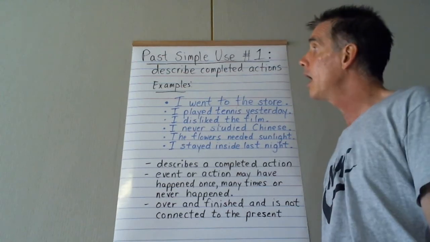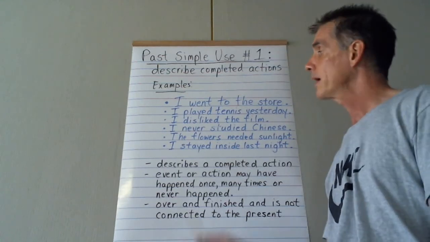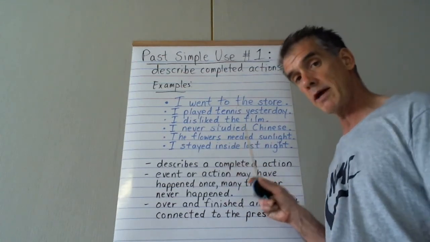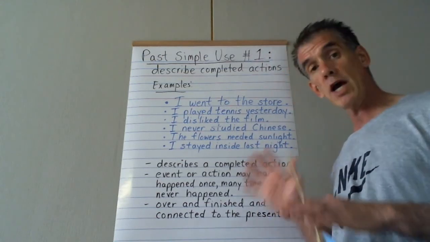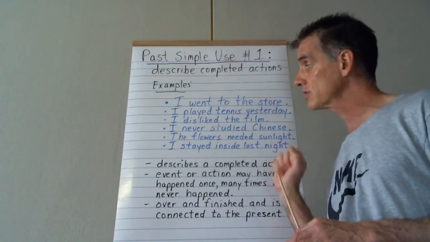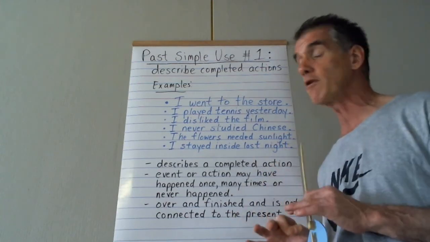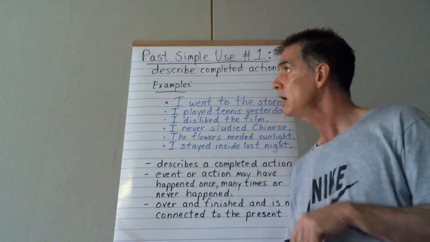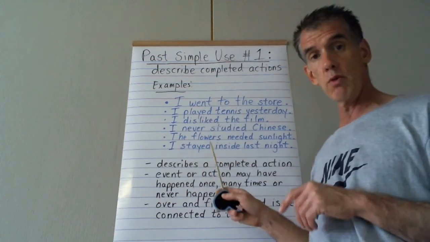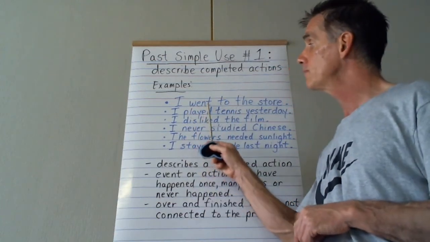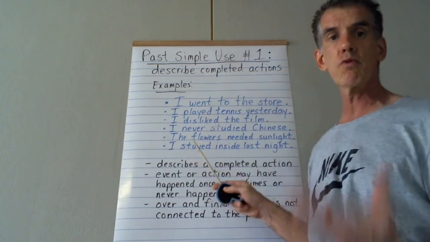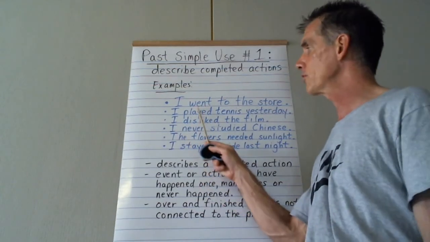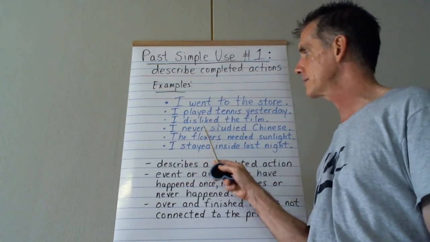Okay? So this is a very quick lesson. And please go over the examples, watch the video again, and if you have time, watch it again. Get used to the sentences. It's a fairly straightforward tense. The past simple, use number one in the past simple. Just remember the different spelling and sounds. Obviously, went is an irregular verb in the past tense. Played, disliked.